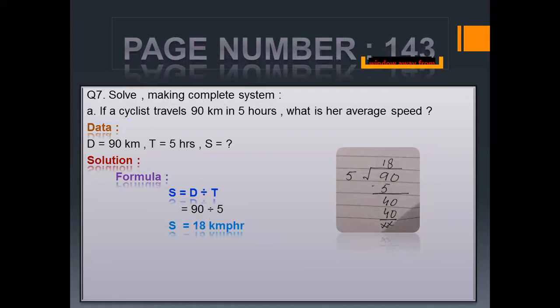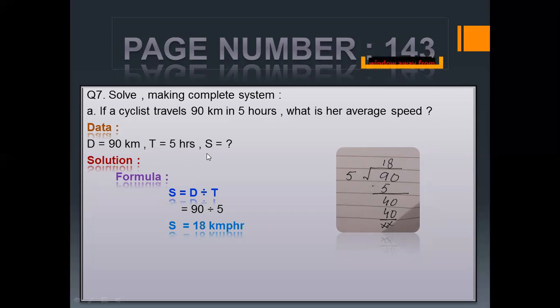Question number 7. Part A is: if a cyclist travels 90 kilometer. Now you see that the unit is kilometer. It means that the quantity which is given, 90 kilometer, this is D. In 5 hours, the unit is hour, means that this is time. What is her average speed?